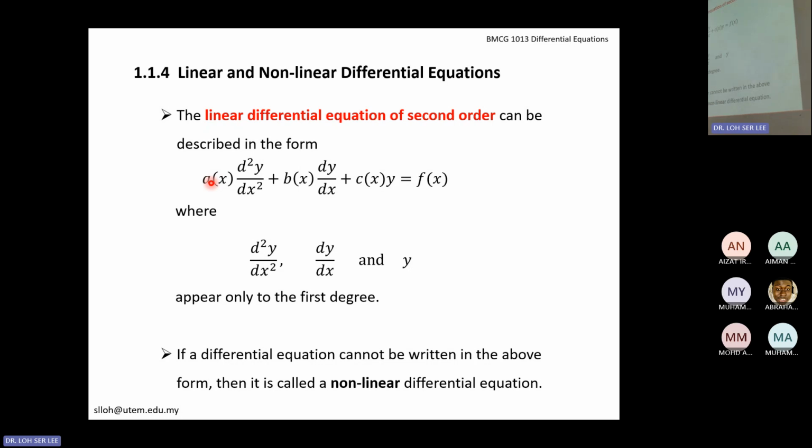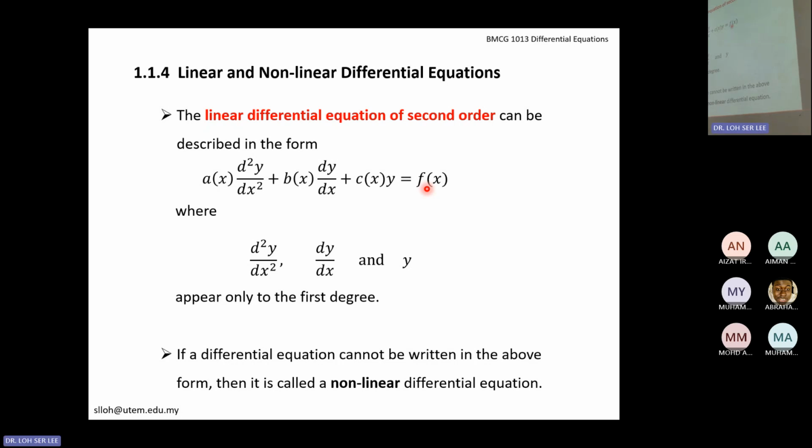I mention independent variable because we can change this x into any alphabet. It can be du/dv. It can be d^2u/dv^2. If this is v, that means all of these must be in v. The coefficient function must be in the independent variable.